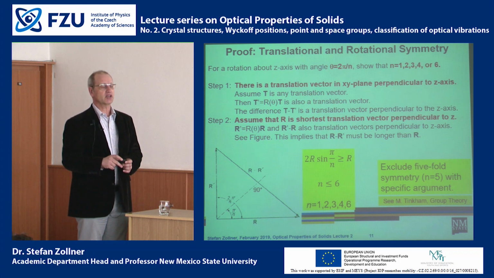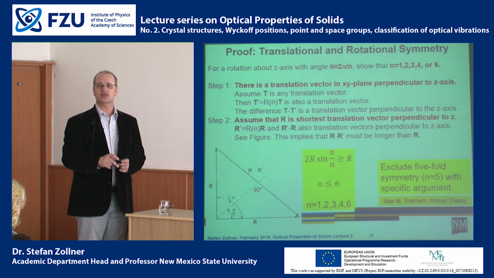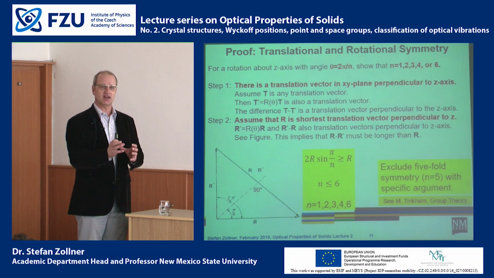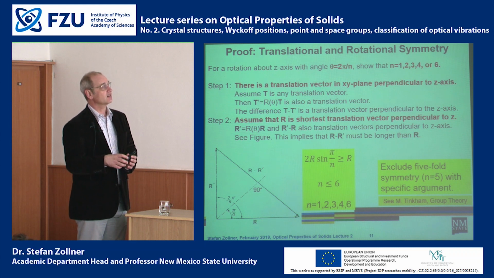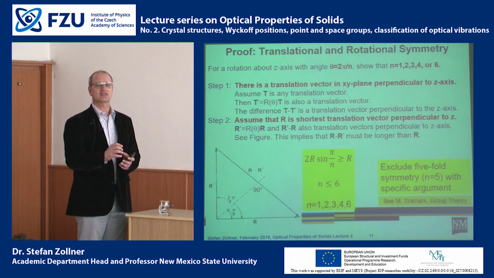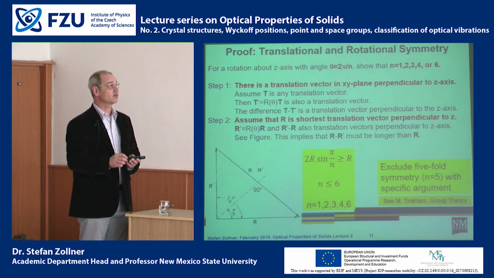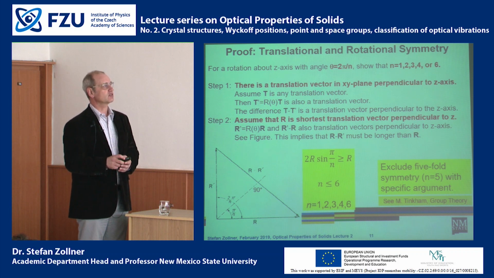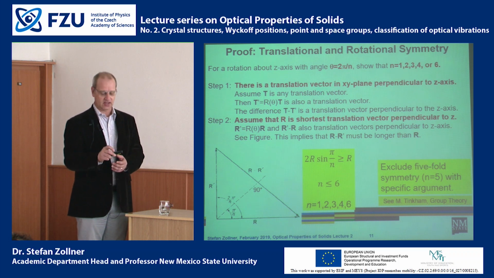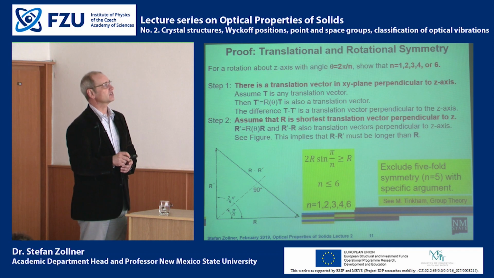Microscopic examinations of these materials, which produced 5-fold symmetries in the electron and X-ray diffraction, showed that these were not actually periodic crystals, but somehow the crystal consisted of domains which are oriented in such a way that it produced 5-fold symmetries. So quasicrystals are not periodic crystals in the same sense as the Bravais lattices that we're talking about here.